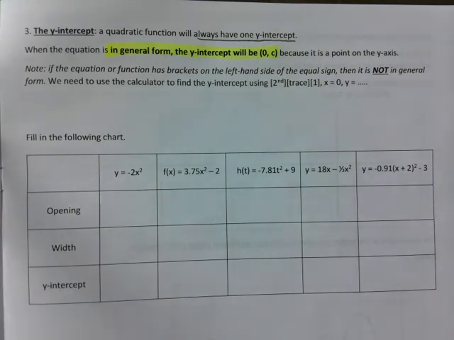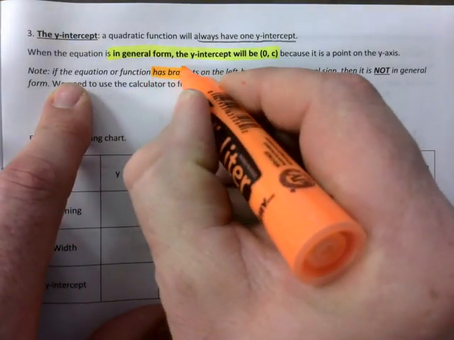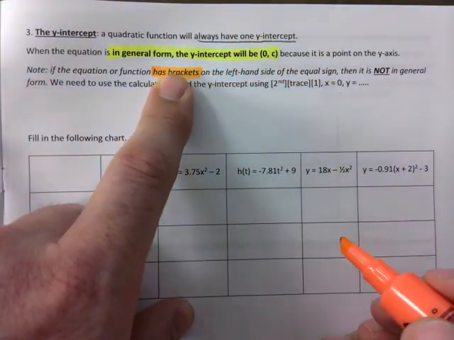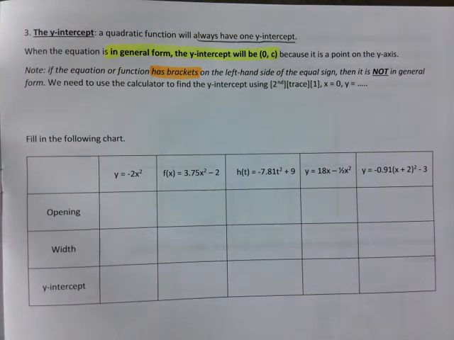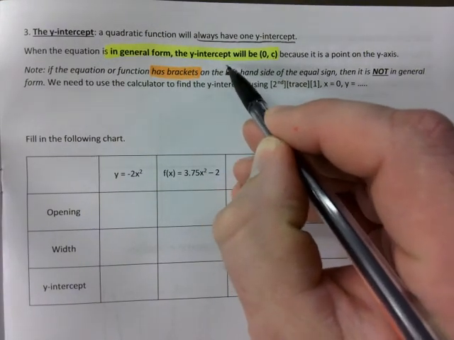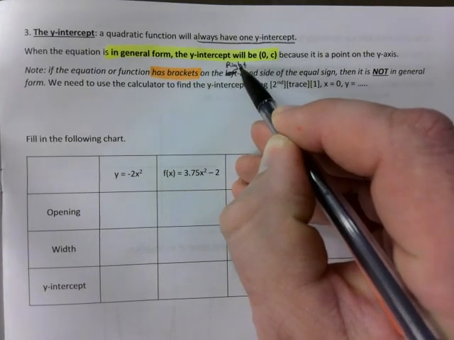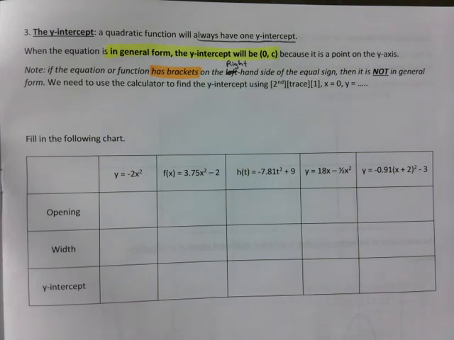And this is a point that I added towards the end. If you have brackets up here, but I made a mistake because I rushed on this one. It's on the right-hand side, not on the left-hand side. If the equation has brackets on the right-hand side of the equal sign, then it is not in general form.